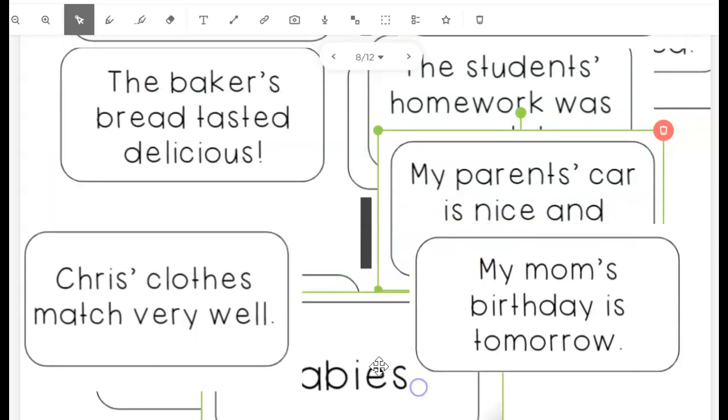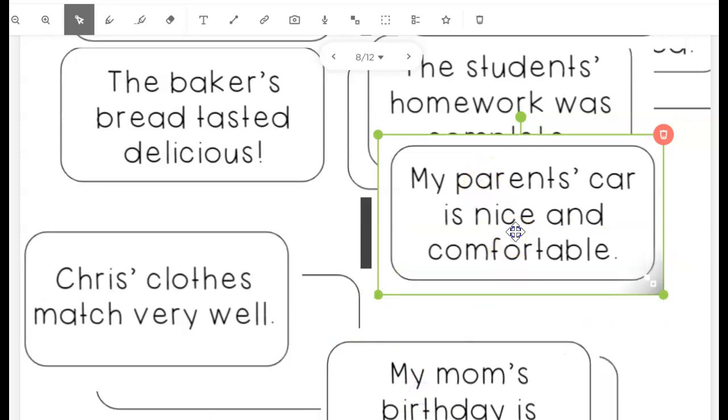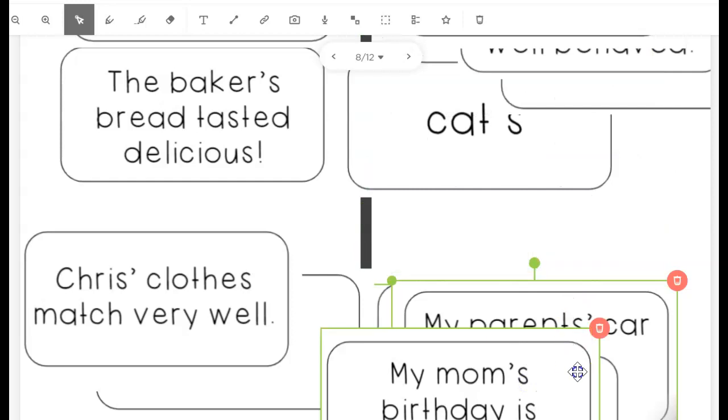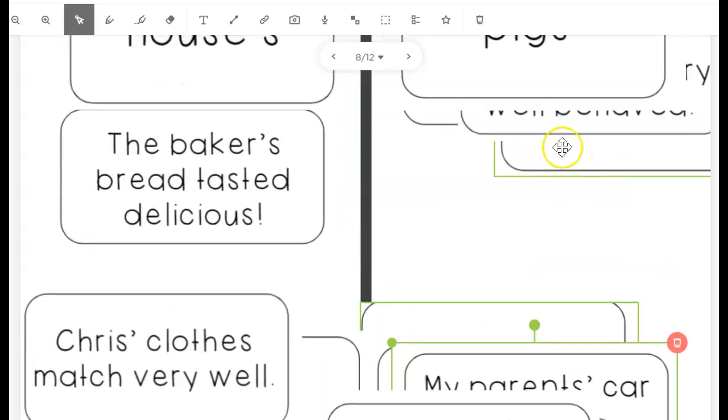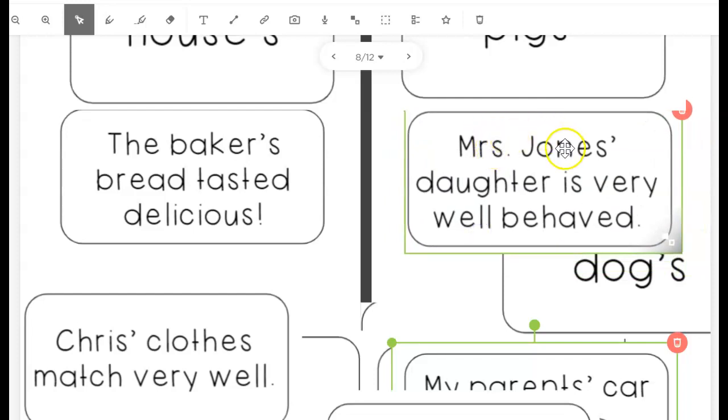Now there are also some cards that have sentences on them that can help you determine if they're talking about one or more. Move these down even more. Let's see. We have Mrs. Jones's daughter is very well behaved.